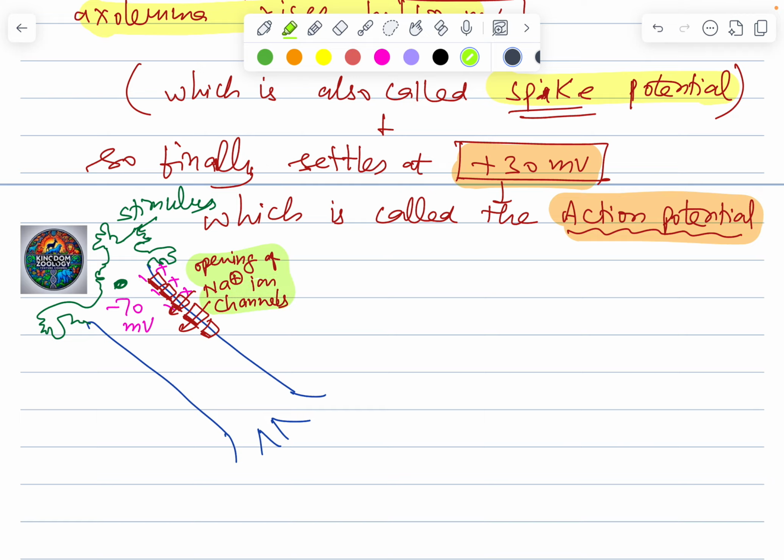Because the sodium ion channels are opening up, sodium ions are going to enter in extremely high quantity, an influx of sodium, raising the potential inside. What was it earlier? Negative. But now sodium will come in such large numbers, and what is outside? Positive. Sodium entry will be so much that the inside will become positive and the outside will become negative.